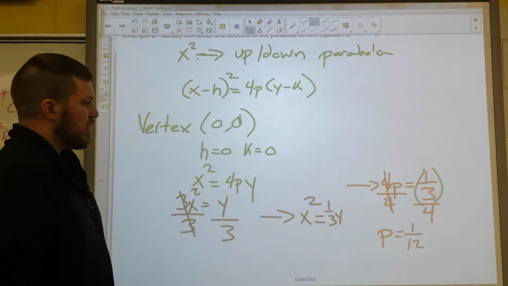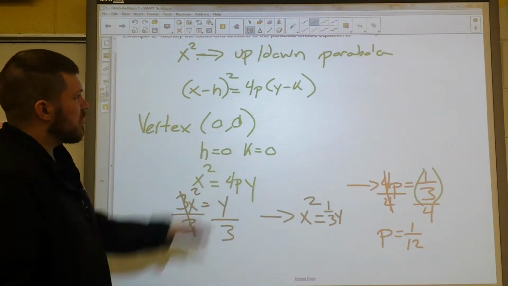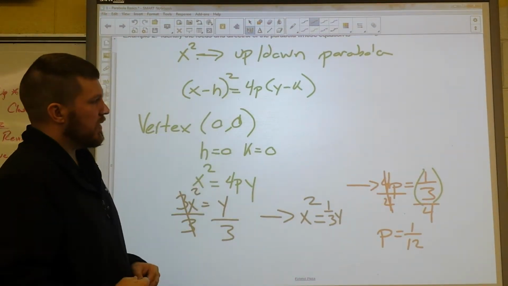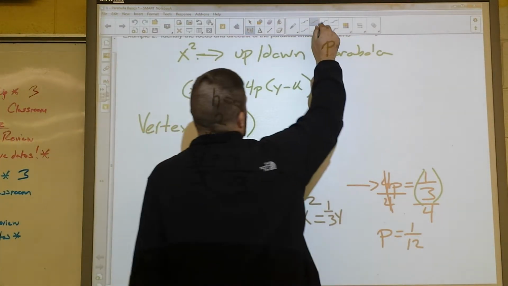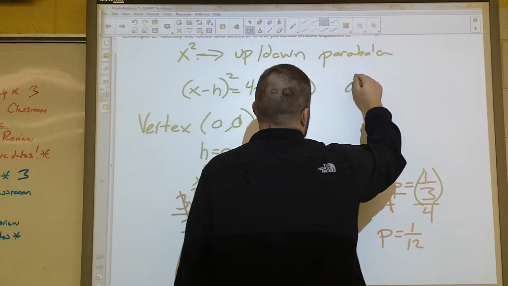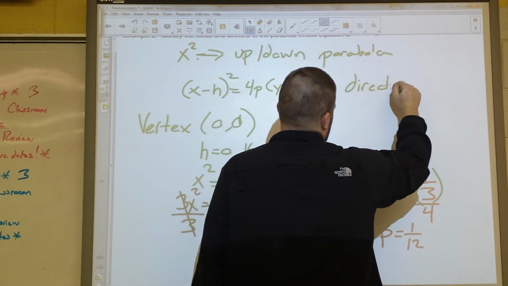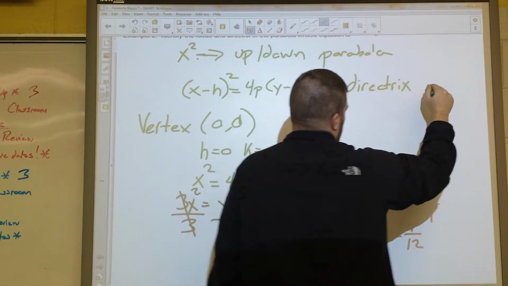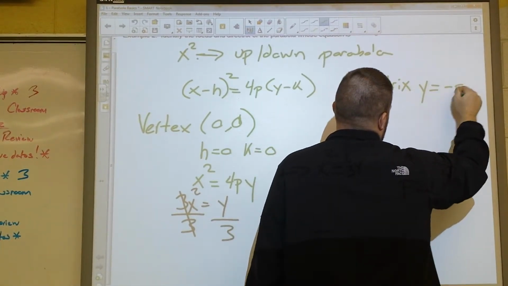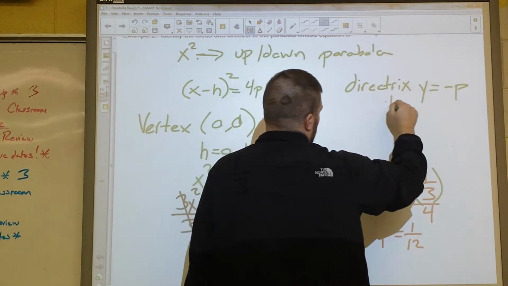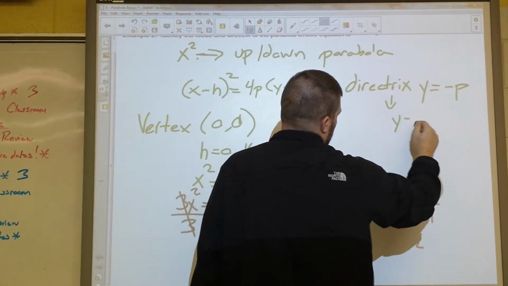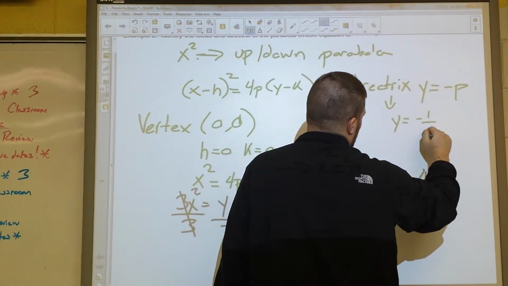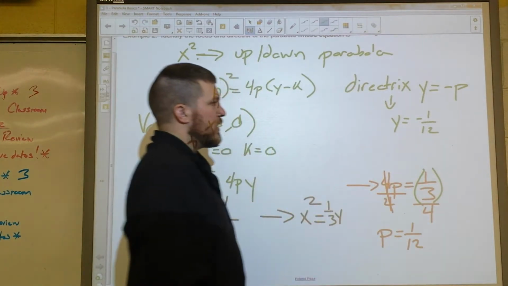As soon as I know that p equals 1/12, I'm going to go back to what I know about up and down parabolas. I know that for up and down parabolas, the directrix has an equation y equals negative p. So that means for this problem, the directrix is at y equals negative 1/12. All I did was plug in my value for p.